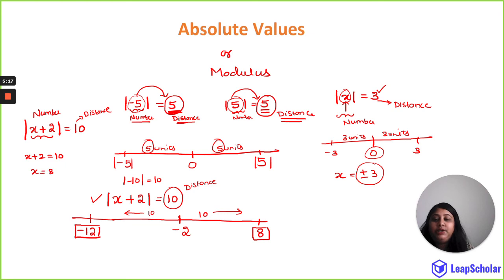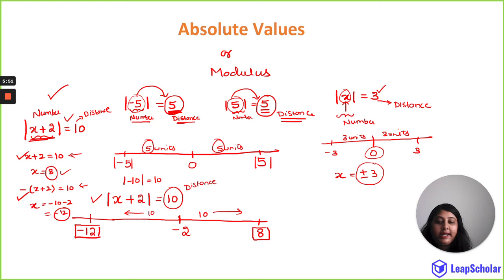Then consider whatever is inside the modulus as negative and find x, which is minus 10 minus 2, that is minus 12. So the possible values of x for this absolute value equation are 8 or minus 12. This is how you can solve it algebraically: consider once positive, once negative, and solve it the same way you solve a linear equation. Otherwise, you can use the number line method.